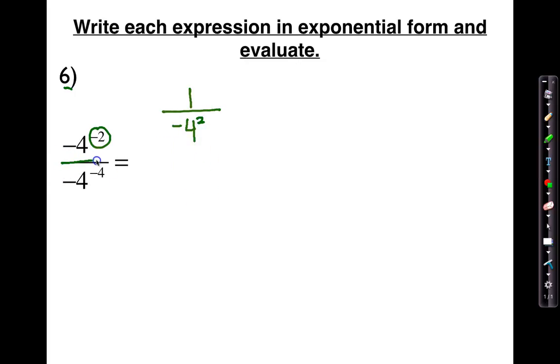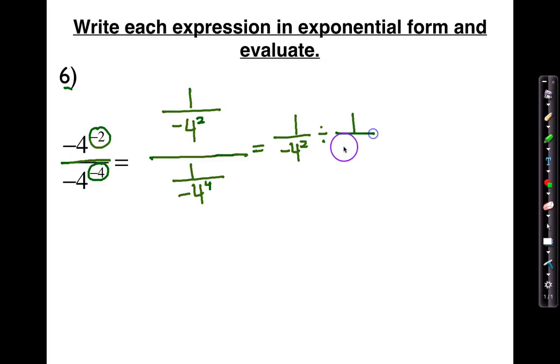Now I'm going to keep this fraction bar exactly where it is. And here, since it's a negative exponent, I'm going to do repeated division again. So I'm going to do 1 and repeatedly divide the opposite of 4 times. Once I have this, I'm going to rewrite it as 1 over the opposite of 4 squared divided by 1 over the opposite of 4 to the 4th.